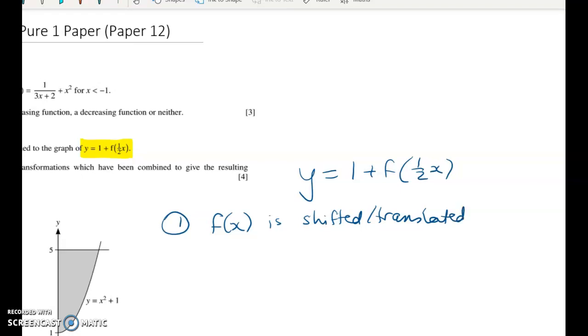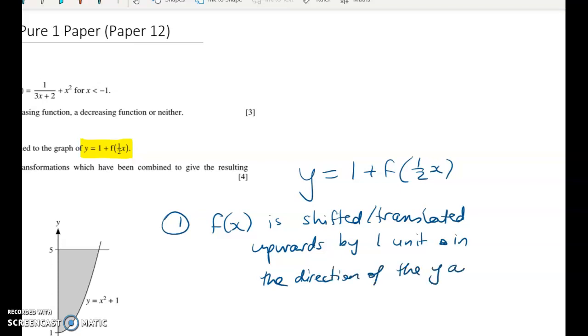Shifted or translated upwards by 1 unit. And we want to always say whether we're talking about the x or the y direction. So by 1 unit in the direction of the y-axis. Okay, something like that, right?